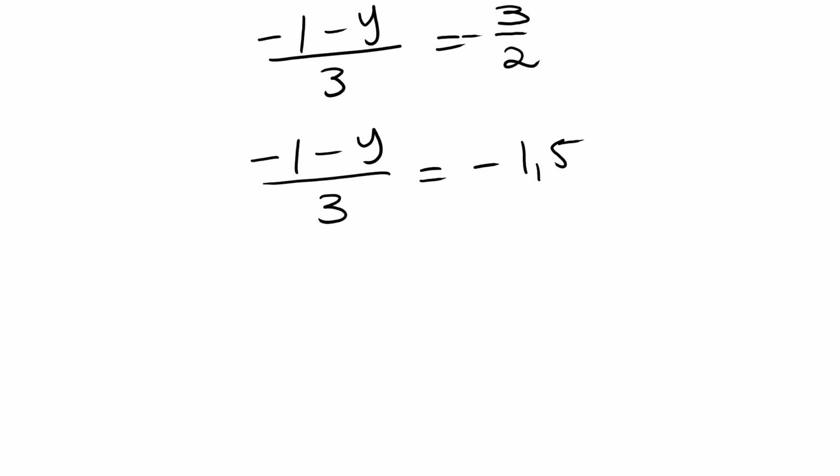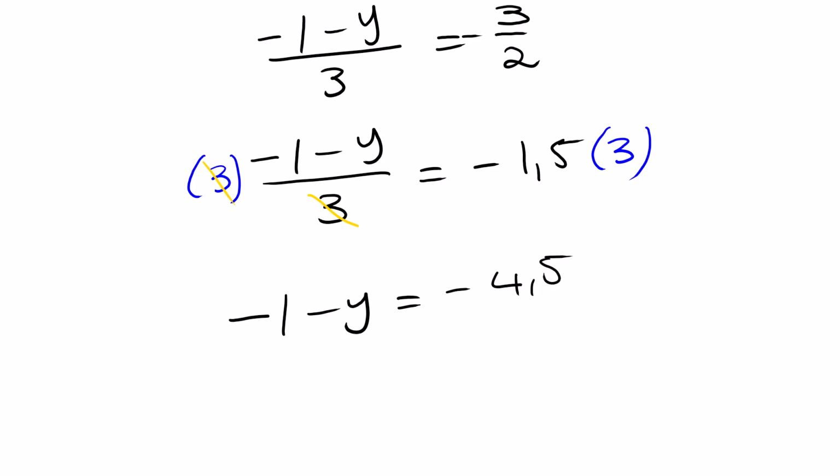So I only have one fraction in this case, that is 3, so we multiply both sides by 3. This will result into 1, and then I'm left with -1 minus y, it's equal to -1.5 multiplied by 3, it's -4.5.